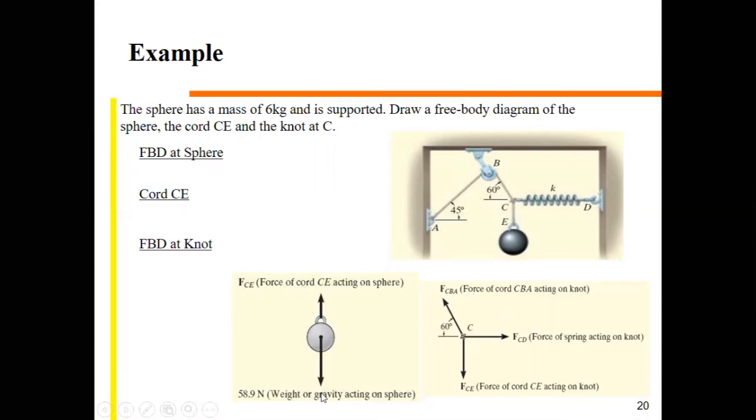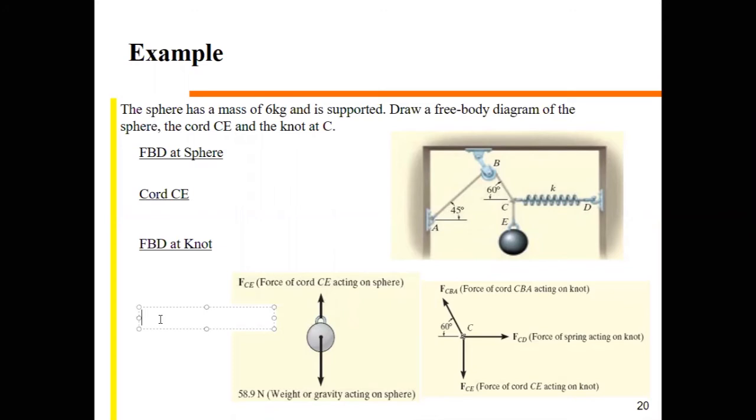Now, what is the weight? The mass is given as 6 kg. I'll show you this one. The mass is given here, 6 kg. So what is the weight?